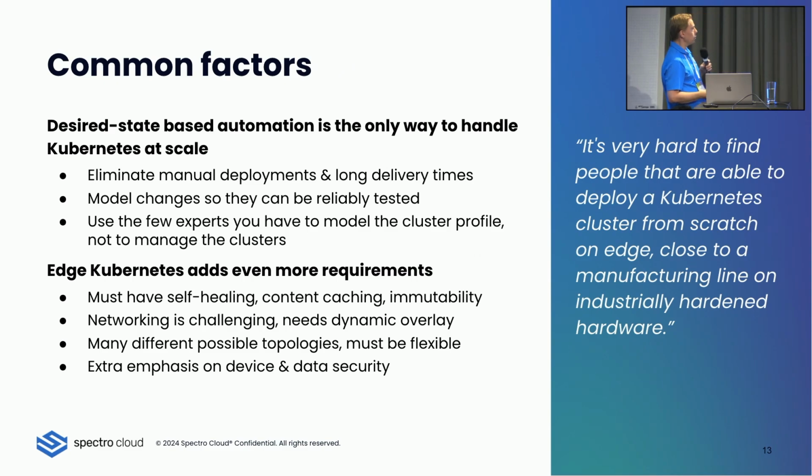So what's common in these? In order to do Kubernetes at scale anywhere, you probably require something that is desired-state based to do the automation around deployment, management, and changes. So you want to fully eliminate any manual deployments, anything that takes a lot of time and has to go through multiple people. Use automation systems to do that, and use desired state so you can model these changes so they're reliably tested.